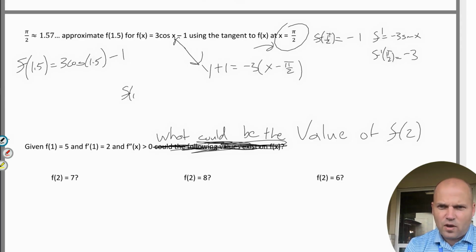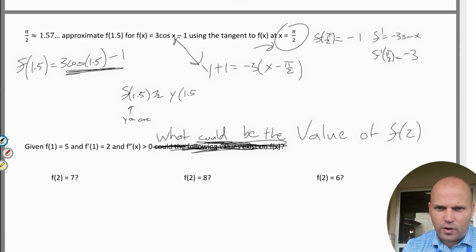So f of 1.5, which I'm trying to approximate, that y value on the curve, will be approximately the same as y at 1.5 on the line. Now the problem is, I don't want to plug in 1.5 here, but watch what I can do after I plug it in.